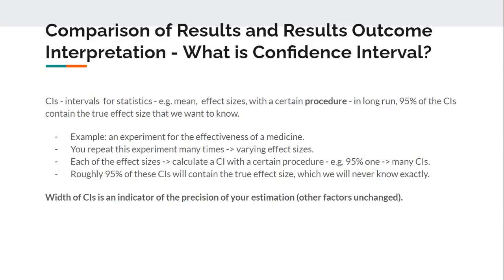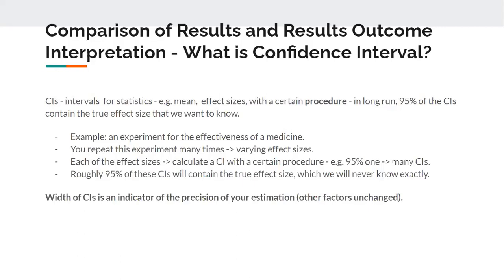Because our universe is random, you may get varying effect sizes. With each of the effect sizes, you calculate a CI with a certain procedure, let's say 95%. Now you have many CIs. So roughly 95% of these CIs contain the true effect size.